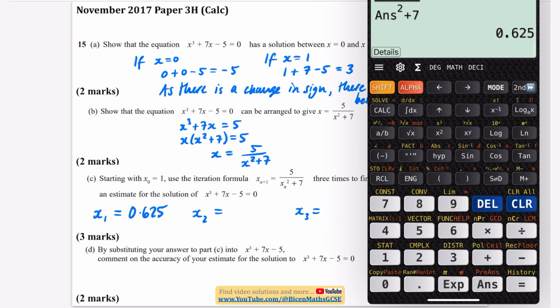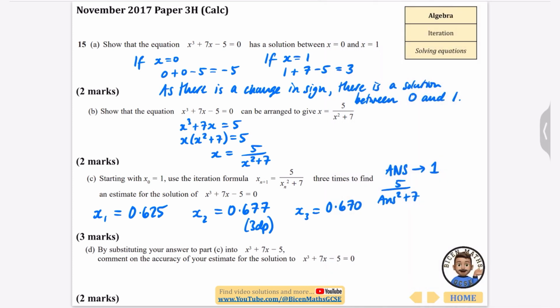I'm going to press equals again, and so my next one is 0.677, and that's to 3 decimal places. And then my third time I get 0.670, and again this is to 3 decimal places. So there is my estimate for that solution.